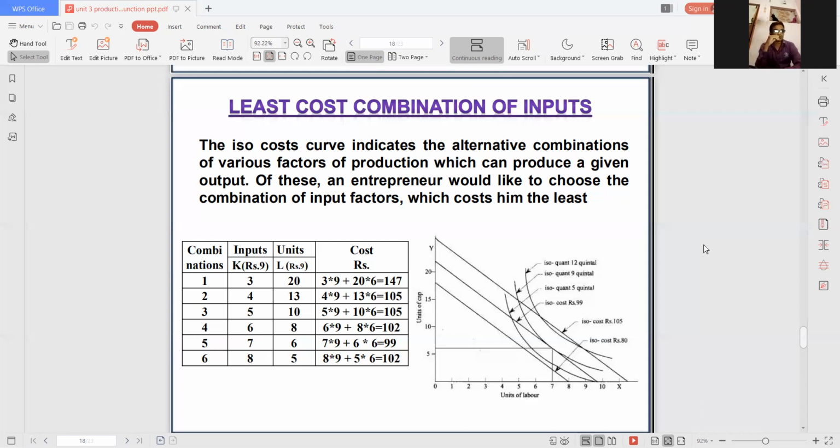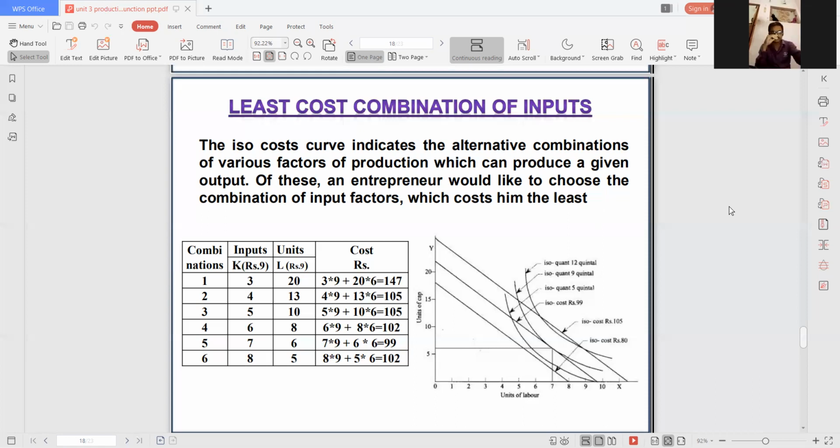And in the third column, labor: 20, 13, 10, 8, 6, 5. But for one labor, here use 6 rupees rather than 9 rupees. A notifiable point, to create concentration and improve your keenness towards the table: I mentioned it wrongly in the table.